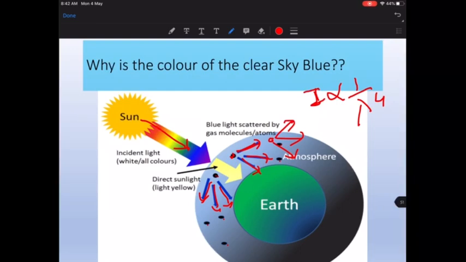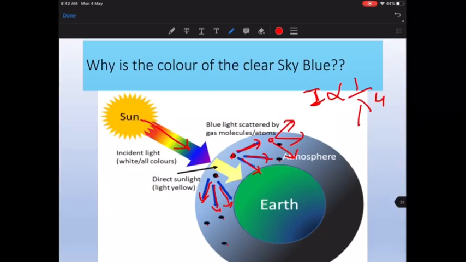So they are inversely proportional, right? So here blue and the light which is below blue have lesser wavelengths. If the wavelength is less, then the scattering will be more. So which is that light which will get scattered easily? It is the blue light which will get scattered easily.